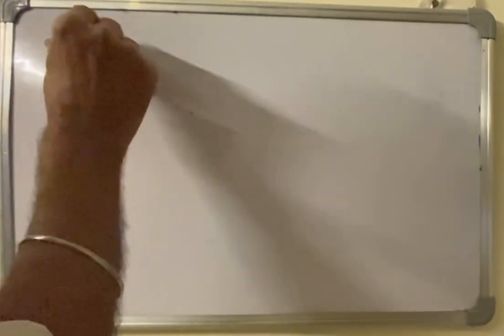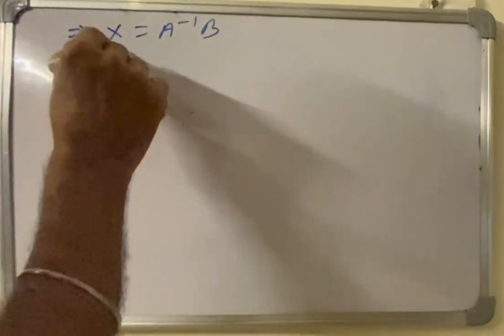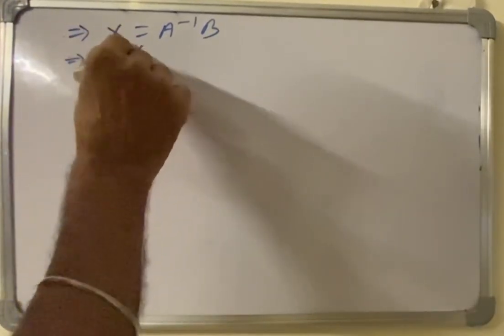Substituting values in X is equal to A inverse B.